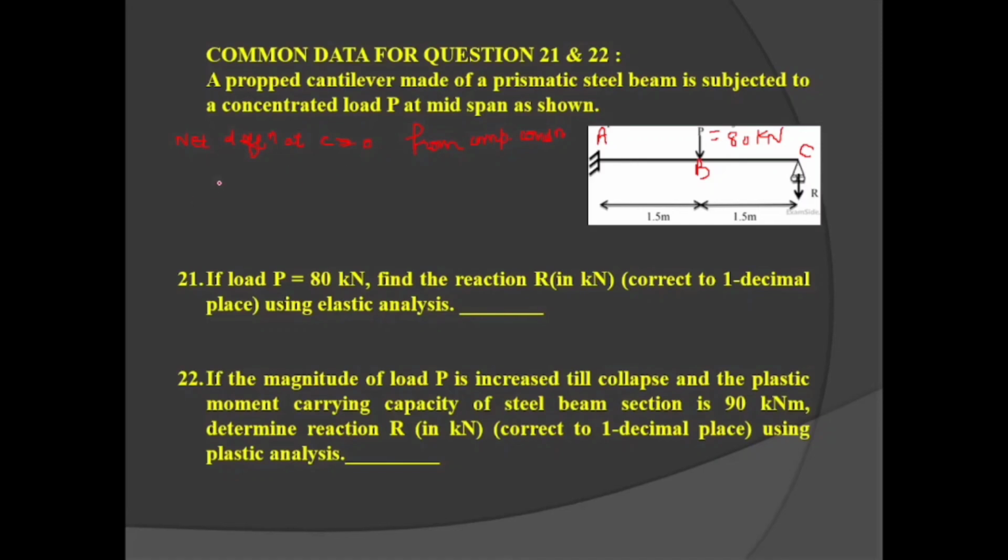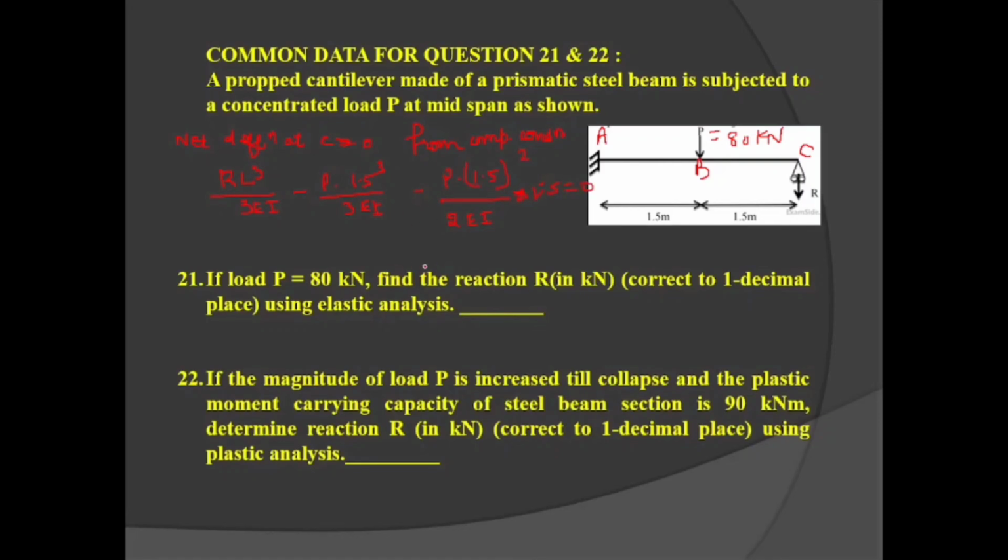Okay, so now let's balance the units. PL cube by 3EI, RL cube divided by 3EI minus load effect, that is PL cube by 3EI, P into 1.5 cube by 3EI minus PL square by 2EI into moment into L distance, PL square by 2EI, P into 1.5 square divided by ML square by 2EI into L2 is also 1.5, is equal to 0.